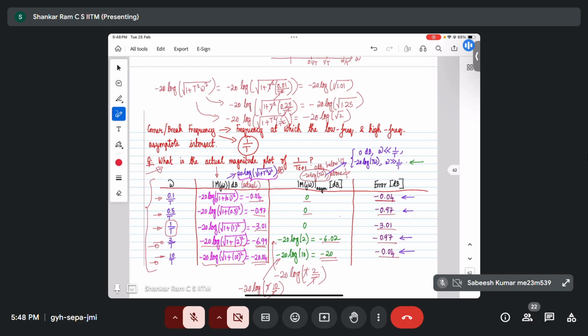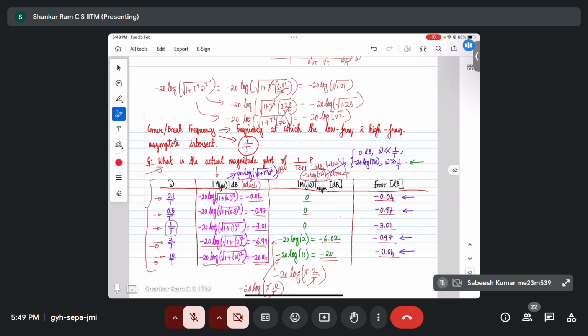You and I needed to plot with our hands and calculate with our brains. So for a first cut approximation, people used to plot with scale and pencil with the asymptotes. And then you know that at the corner frequency, you need to apply a correction of 3 decibels or minus 3 decibels. So you mark that on the graph sheet and then plot. But this theory provides you the basis for it.